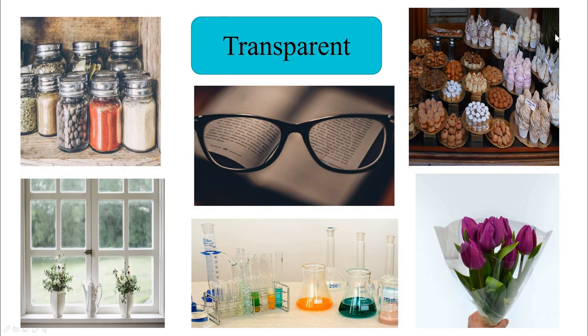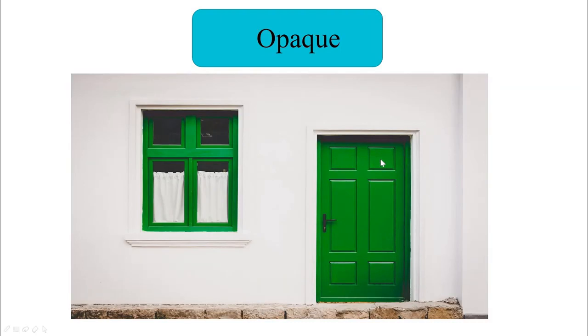Why always in a bakery shop in the front you will find a transparent glass window, so that you can choose your favorite food just by looking at it. And that is the reason that we have wooden opaque doors in our homes, so that no one can look into our homes from outside.